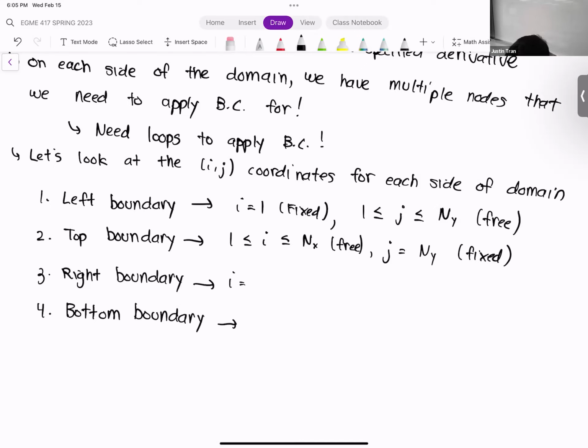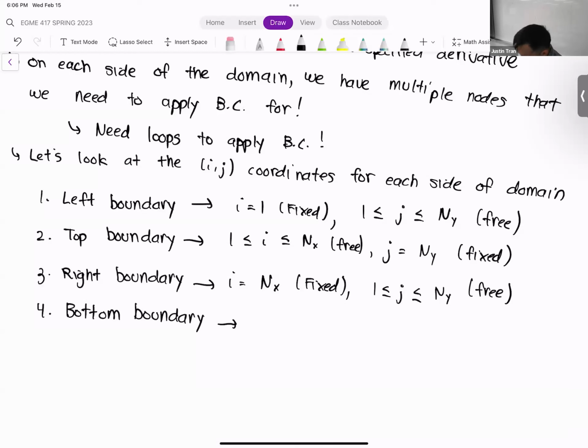All right, so let's do the same thing for the right boundary. For the right boundary, the fixed coordinate is i, because we're fixed to the right side of the domain, and its fixed value is going to be nx. And then the j coordinate is going to vary between 1 and ny.